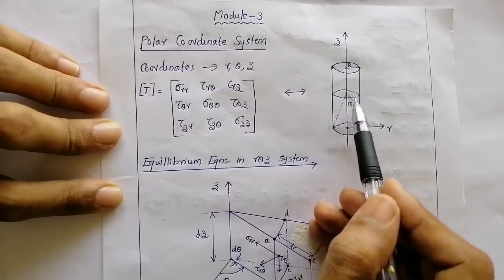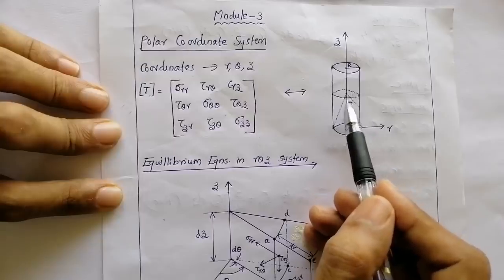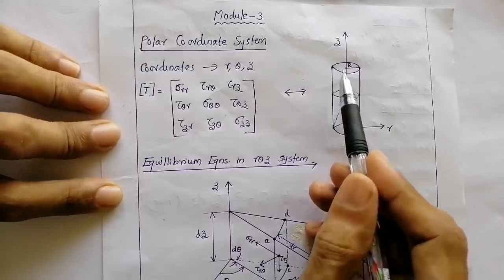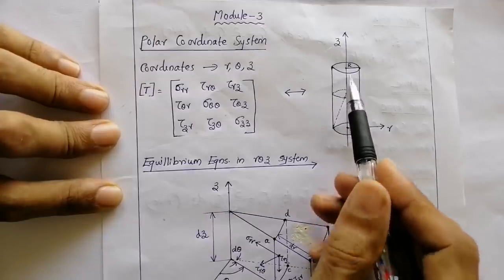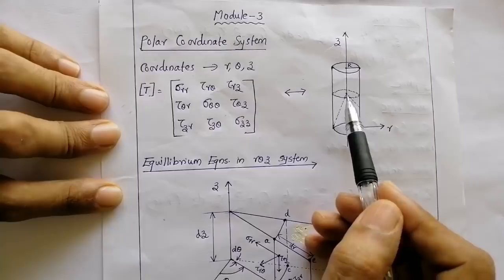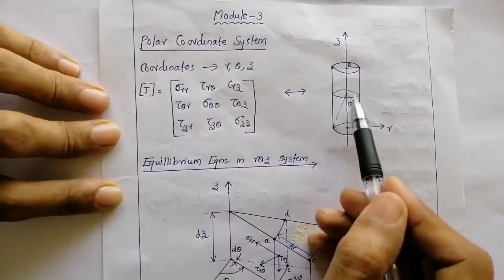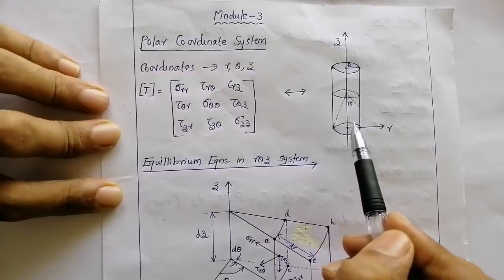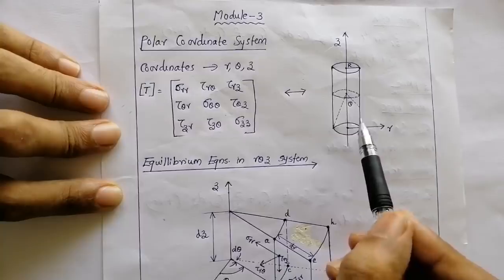So, then I get a circle. Now, for completing the cylinder, I have to project this circle either upwards or downwards or towards both sides. So, the coordinates r, theta and z contribute to the construction of this cylinder. This is how these three coordinates are used for building up a cylindrical coordinate system.